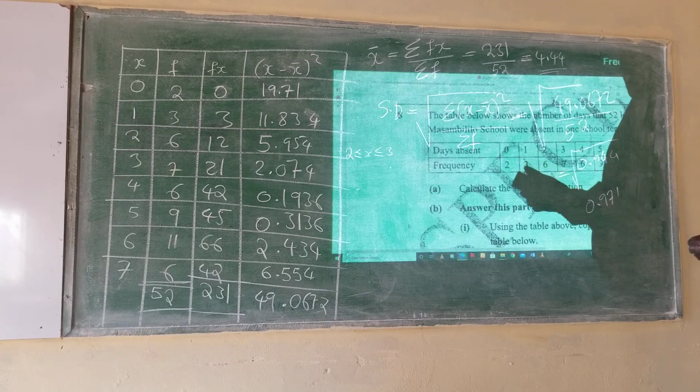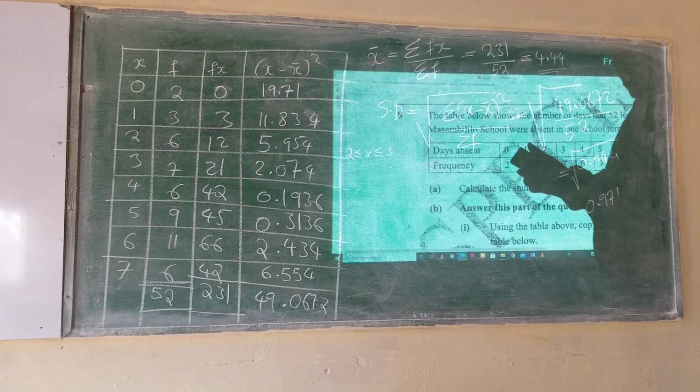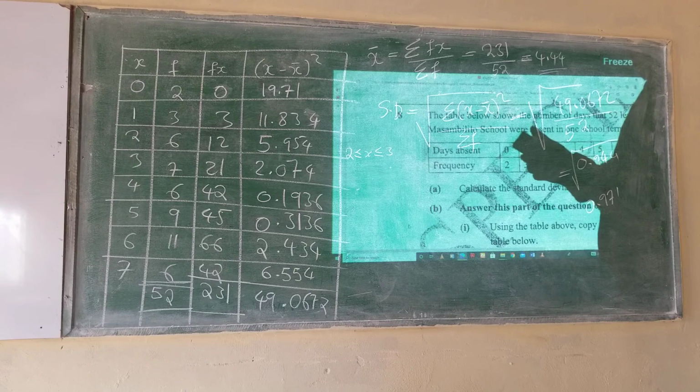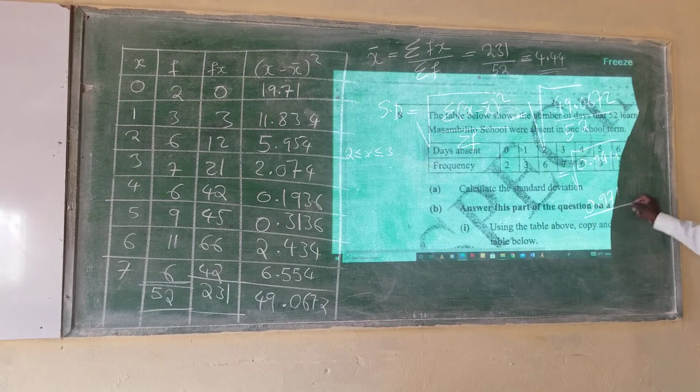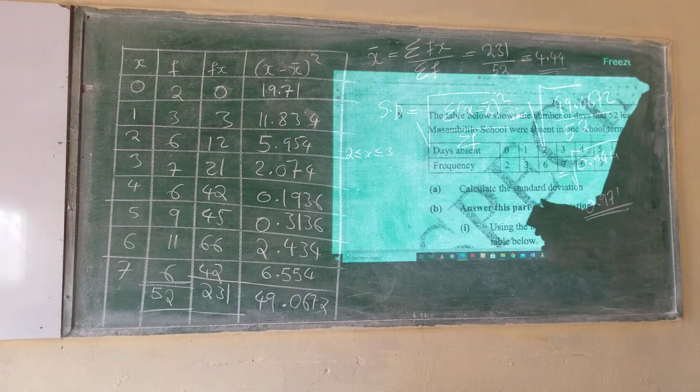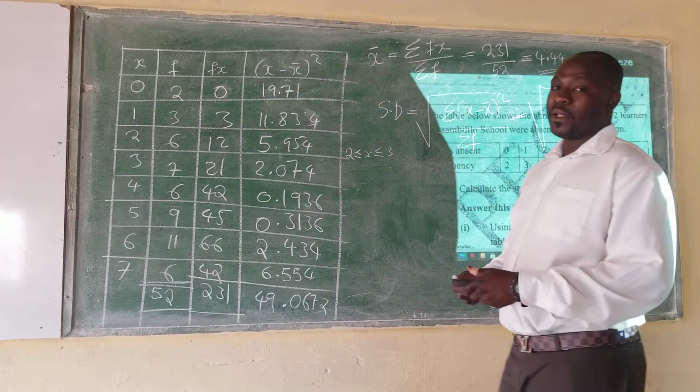Let me just do it again. 49.06 divided by 52, we are getting 0.94. Then the square root now of the answer is giving us 0.971. So this is how you calculate standard deviation of ungrouped data.